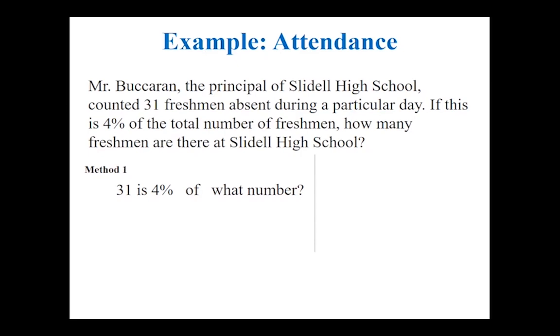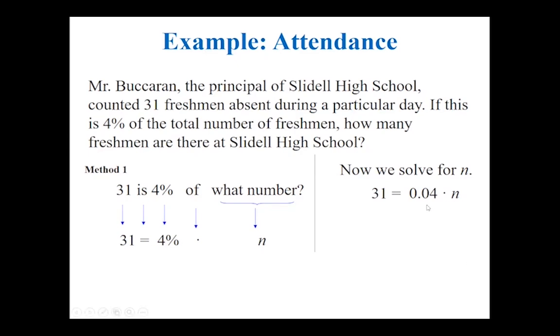You want to solve this on your own, go ahead. Pause and come back. I'm going to keep going now. Translate into an algebraic sentence, aka an equation. 31 equals 4% times n. Four percent becomes 0.04. We want to get the n by itself.